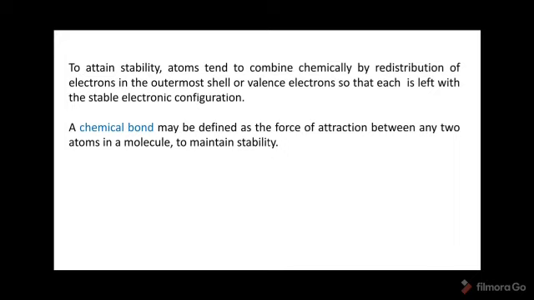To attain stability, atoms tend to combine. When atoms combine, they form a molecule. So atoms tend to combine chemically by redistributing the electrons in the outermost shell, or valence electrons, so that each is left with a stable electronic configuration.